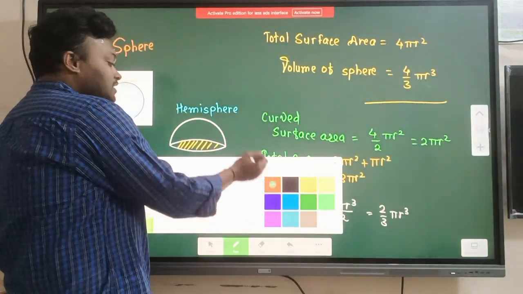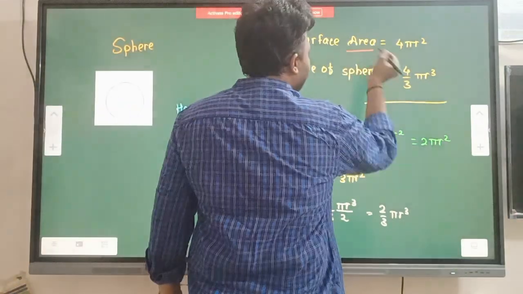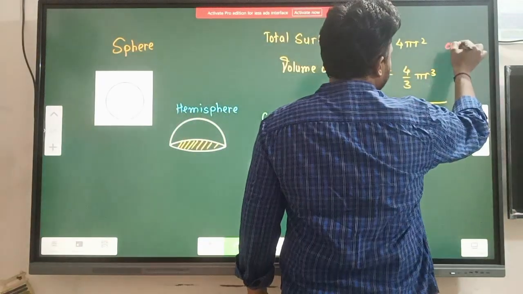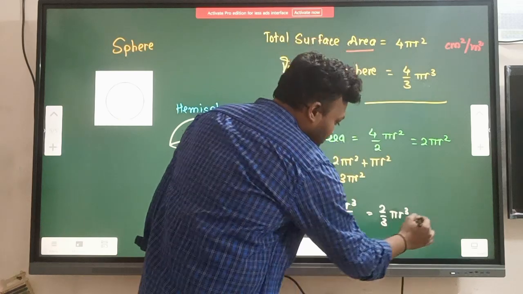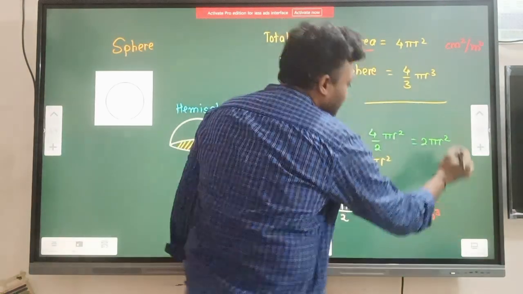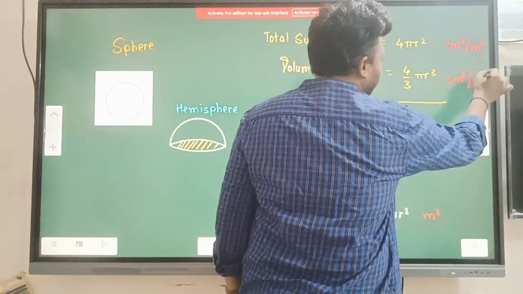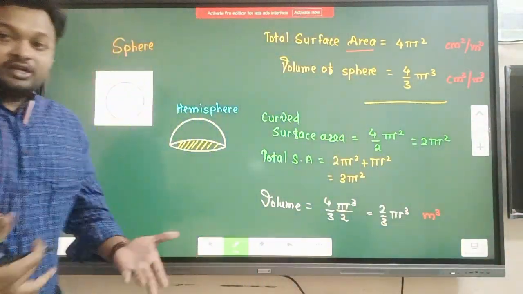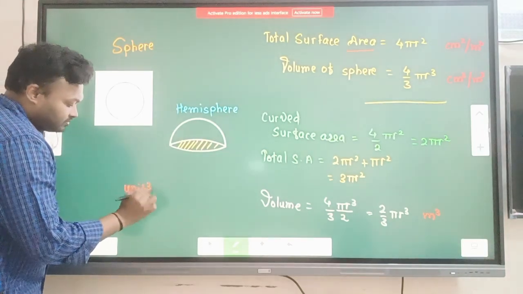And the initial rules are the same: if you see area, the unit will be centimeter square or meter square. If you see volume, the unit will be meter cube, centimeter cube, foot cube, whatever unit is given. And if the unit is not given, you write unit cube.